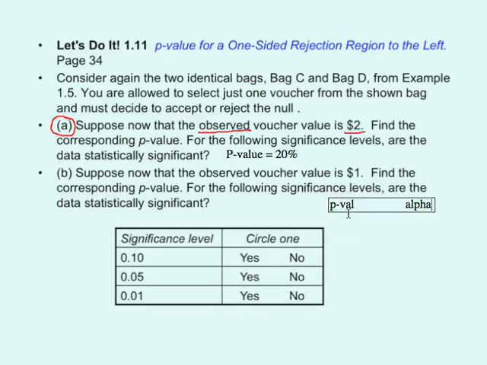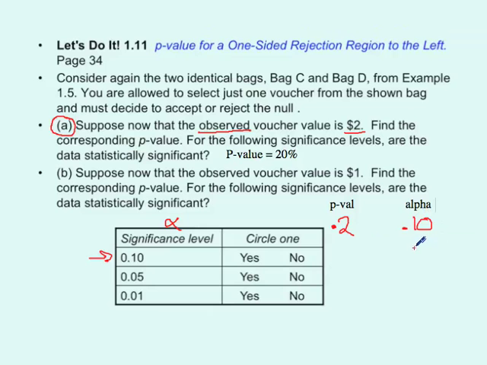Let's mark down the p-value that we just discovered, which was 20%, or 0.2. In the first decision rule, you notice that these are all alphas here. When they say significance level, don't forget that they may not mean alpha by that. Our first significance level, or our first alpha, was 0.10 in this table.